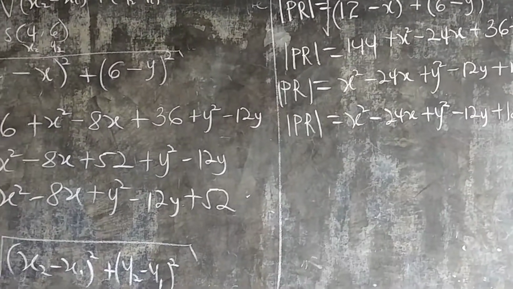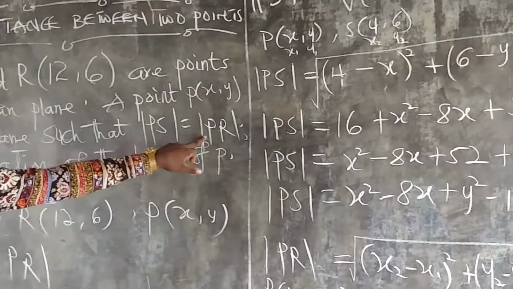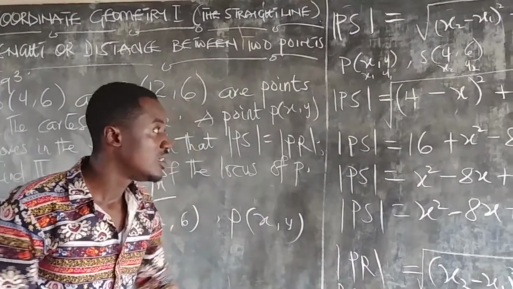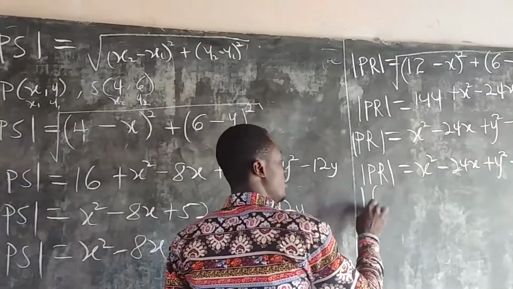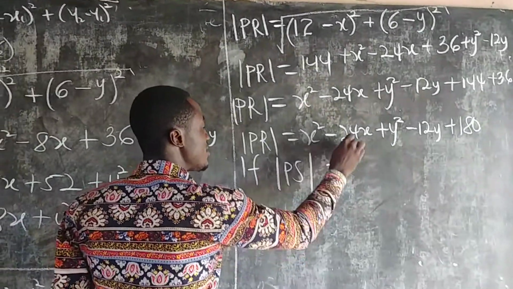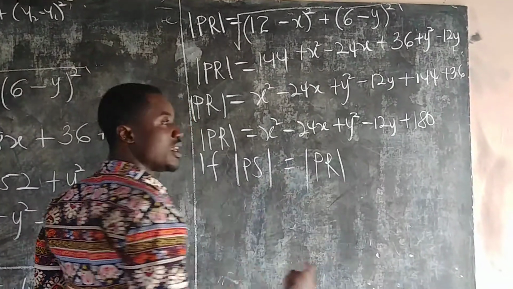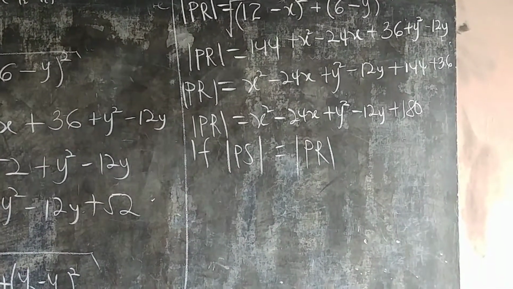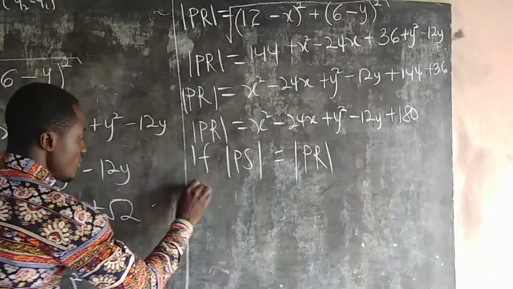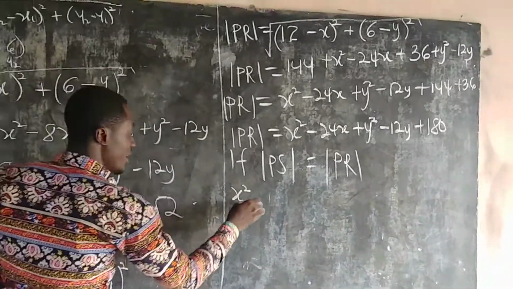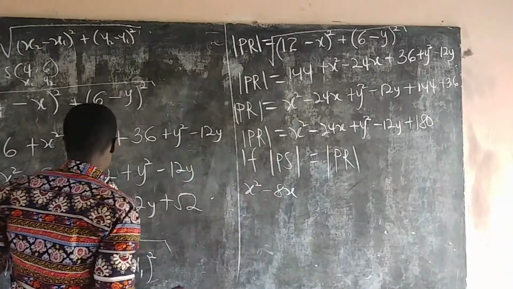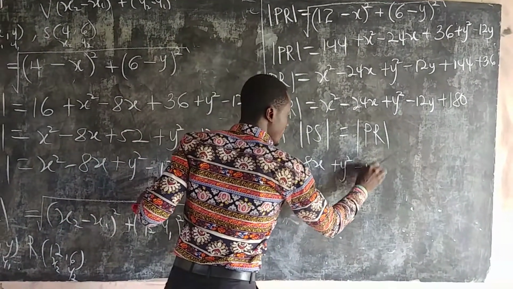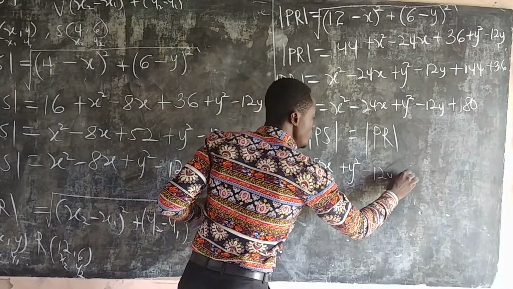The question says that the length of PX is the same as the length of PR. So it means that we have to equate the two equations. If the length of PX is the same as the length of PR, then we can equate the two equations. Because we know that PX is x squared minus 8x plus y squared minus 12y plus 52.